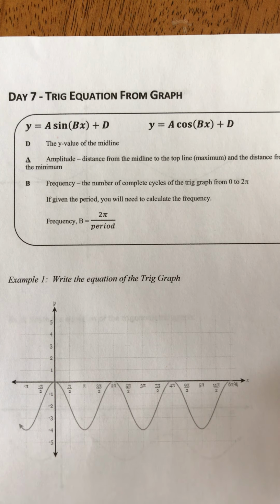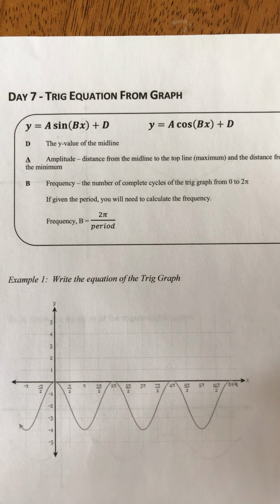Okay, that's another piece of information we need. The next piece of information we need is the frequency. So I'm going to have to determine how many cycles of a sine graph occur between 0 and 2 pi. First thing on my x-axis, here is the 0. Where is the 2 pi? Here is the 2 pi. Okay, a sine is that S shape, remember?